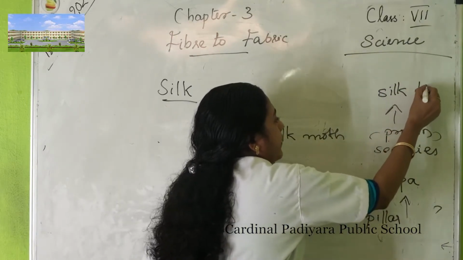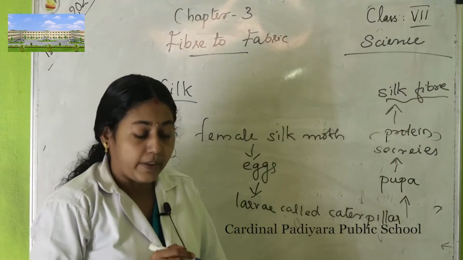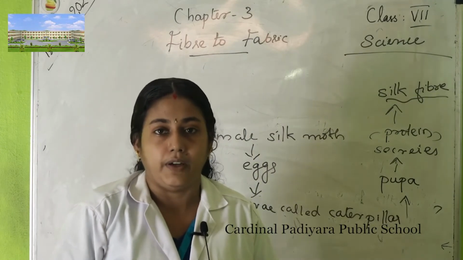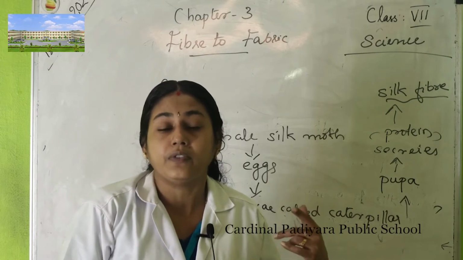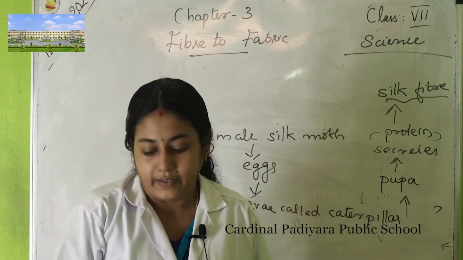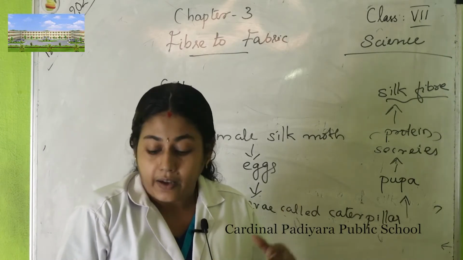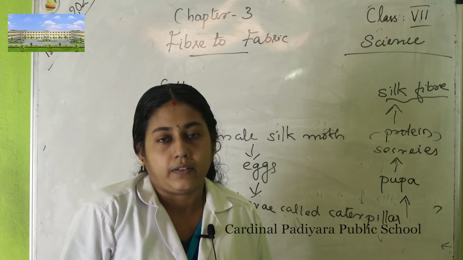So what is silk fiber? It is a secretion produced from the mouth of the silkworm to produce a net to hold itself. Soon the caterpillar completely covers itself with the silk fiber.